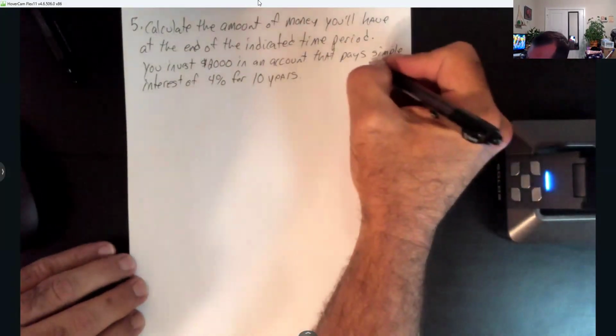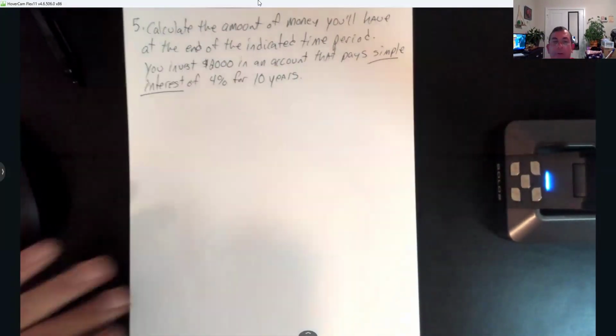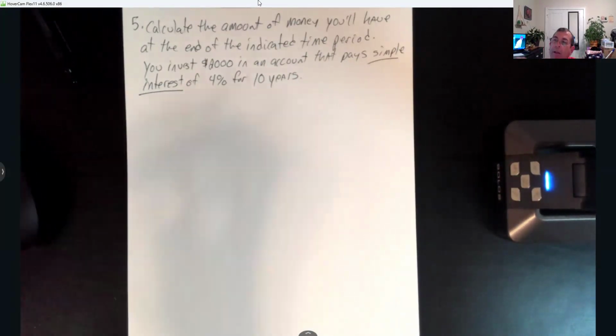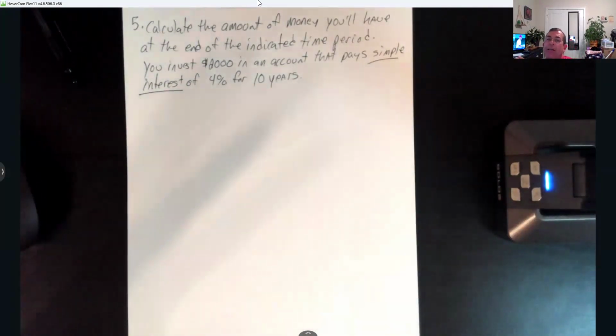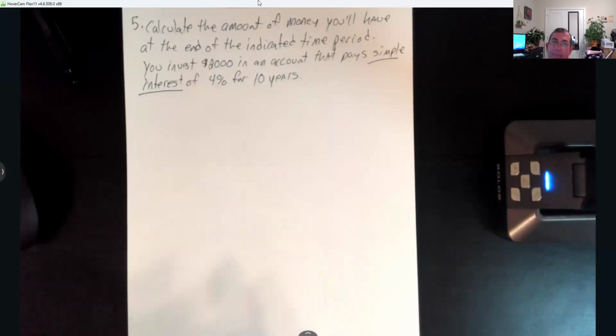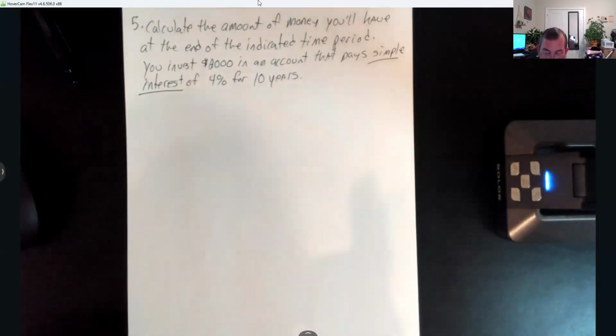So remember, this one is simple interest. So if I can figure out how much interest I'm making for 1 year, I can multiply that interest times 10 because of 10 years and then add it back to my original amount. And that'll give me how much is in that bank after those 10 years.